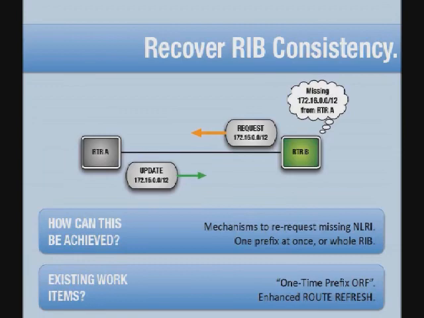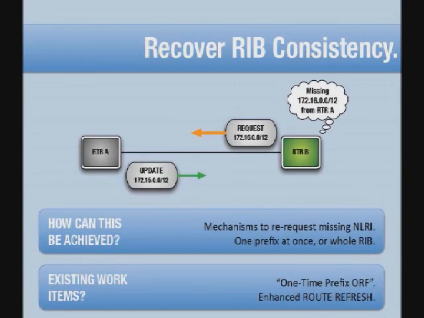And so the same kind of mechanism as before. We've got router A and router B, and this withdrawn prefix on router B, and there are different ways to request that prefix. The only one in the standard right now is a route refresh, which is fine, but obviously there's a lot of load there, and that will leverage the same update packing and code that was used in the first place to advertise to us.